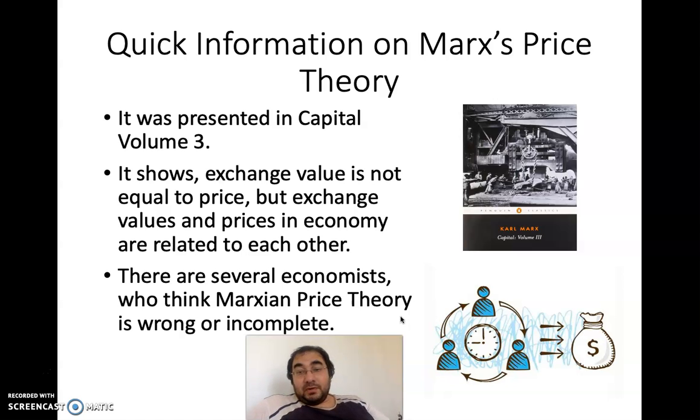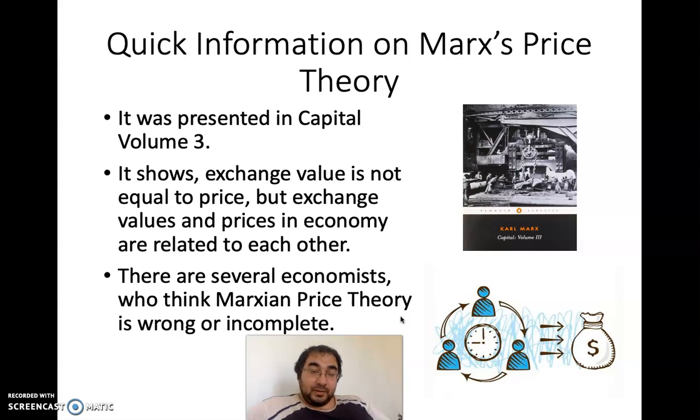In other words, Capital Volume 3 has been controversial for people in the Marxian school, and the arguments there are also used by people outside of the Marxian school to criticize the Marxian framework.